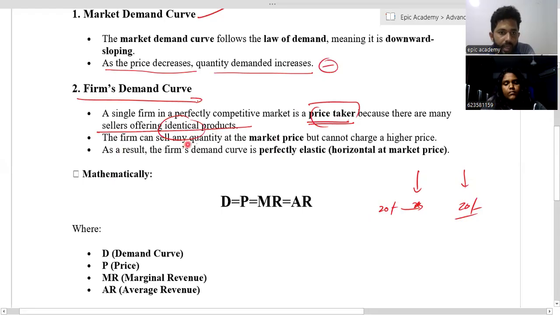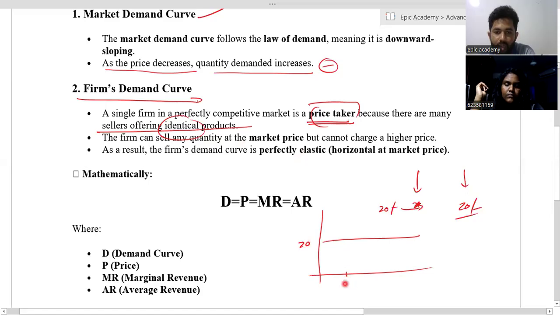The firm can sell any quantity at the market price, but cannot charge higher prices. As a result, the firm's demand curve is perfectly elastic, horizontal at the market price. It is something like that. Market price is 20.